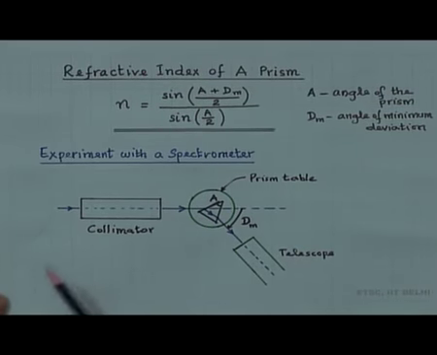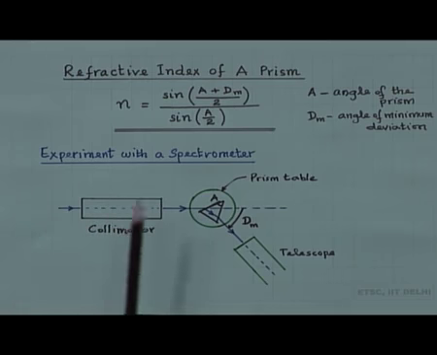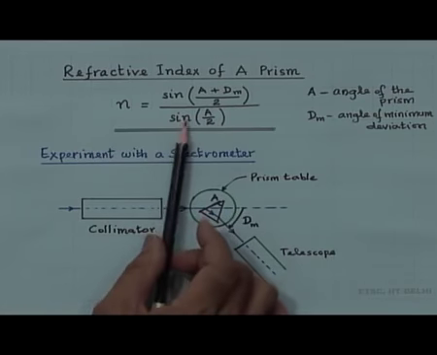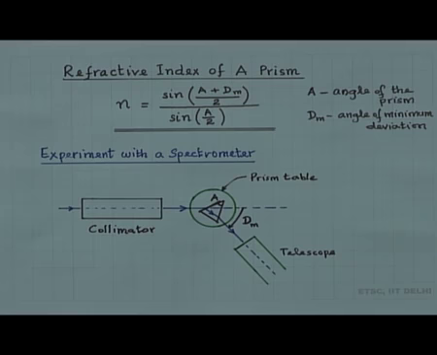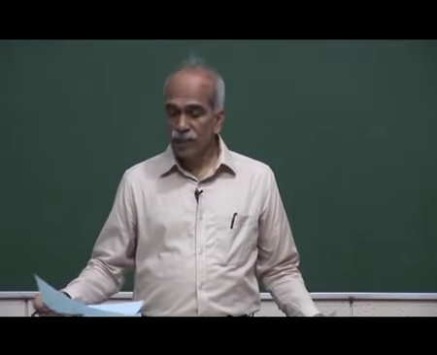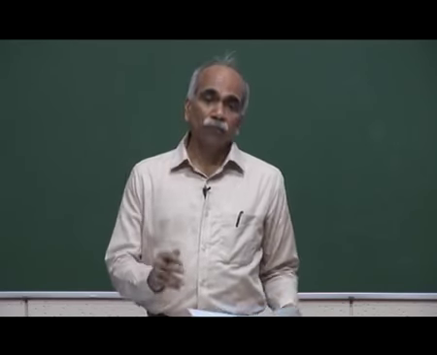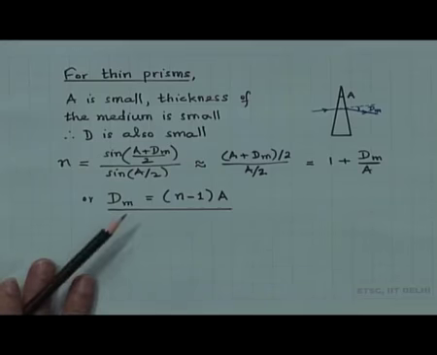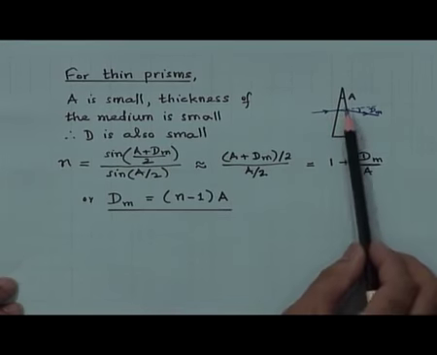So, this is the importance of the formula which we have derived, and there is no approximation involved. We have not made any approximations in deriving this formula. Now, this is for normal prisms, but for thin prisms the angle A is very small. Thin prism means the angle A is very small.